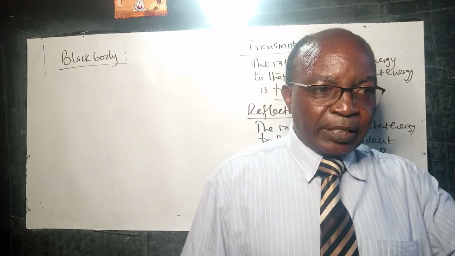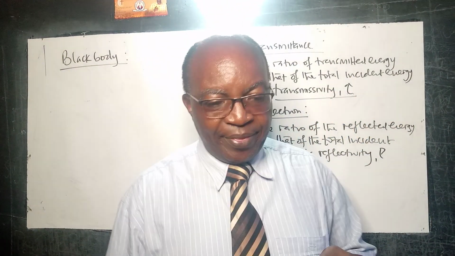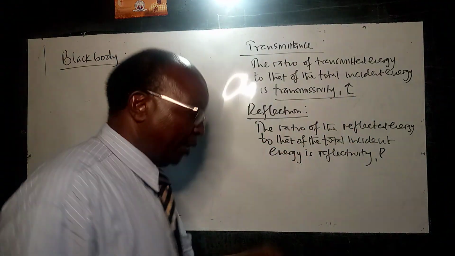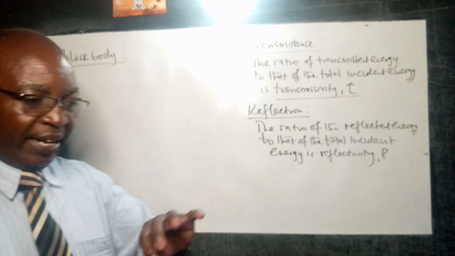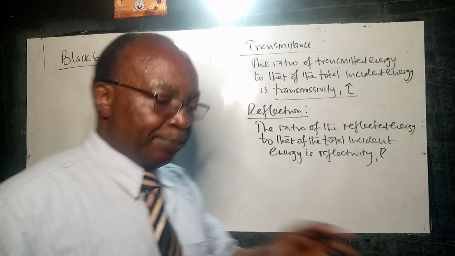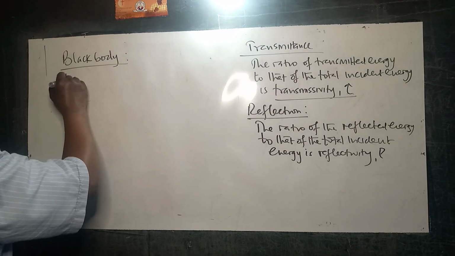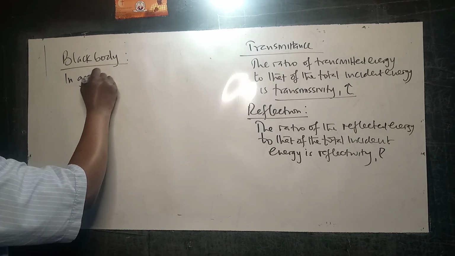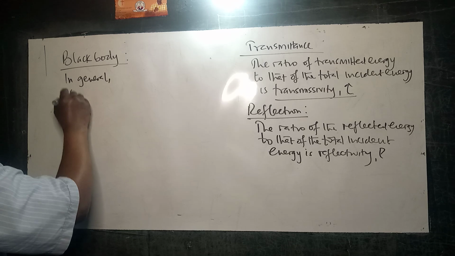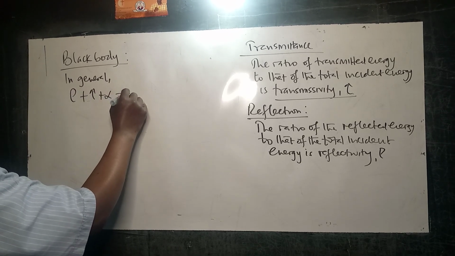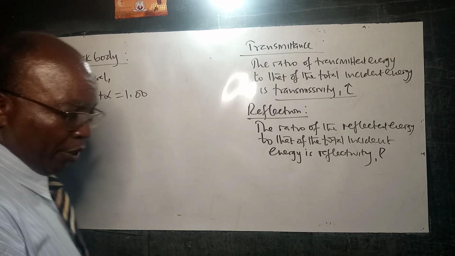When the radiation impinges on the surface of the material, we can have reflectivity, transmissivity, and absorptivity. So that in general, rho plus tau plus alpha is normally 1.00.